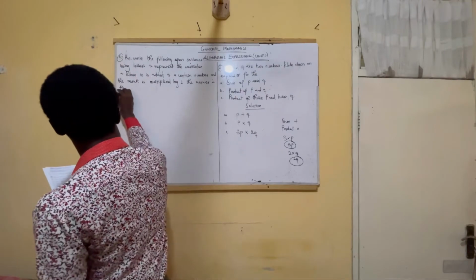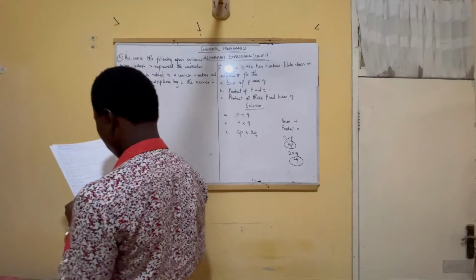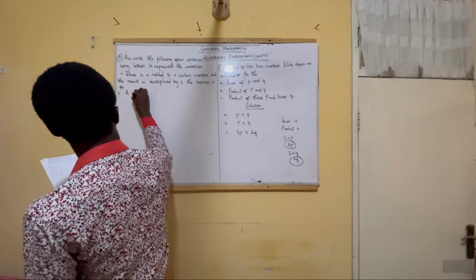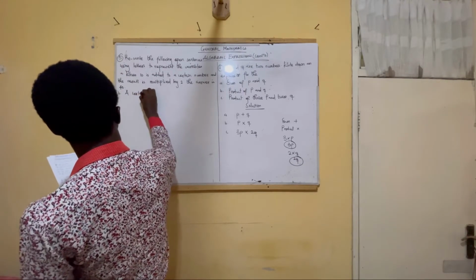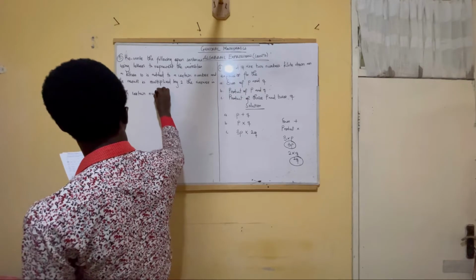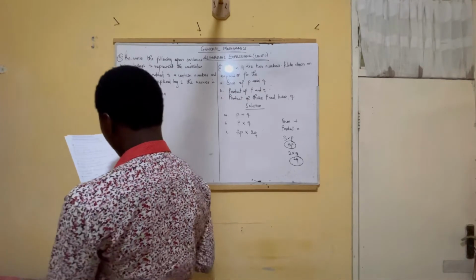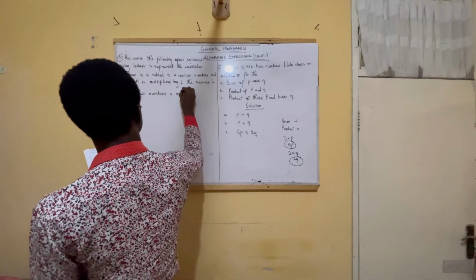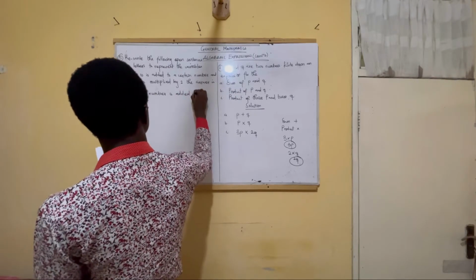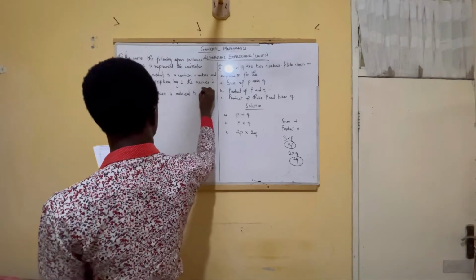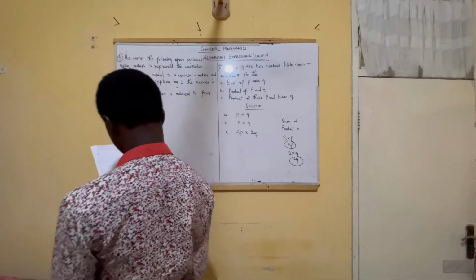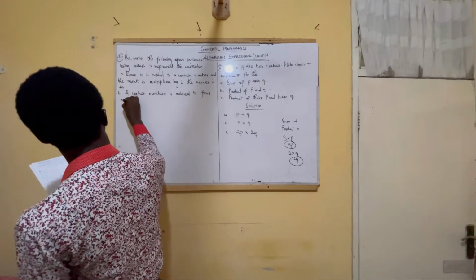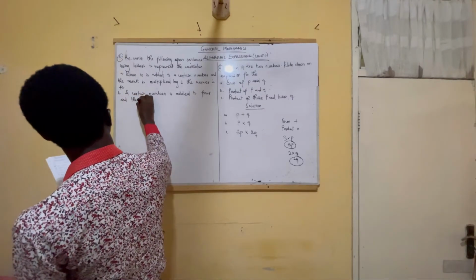Let's look at B: a certain number is added to 4, and the result is doubled.